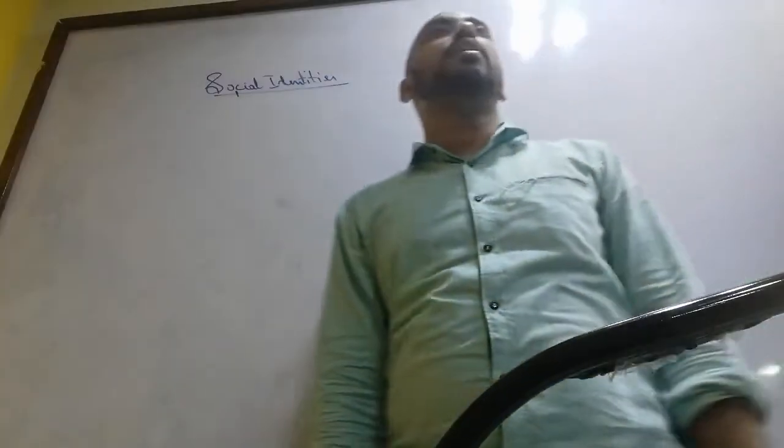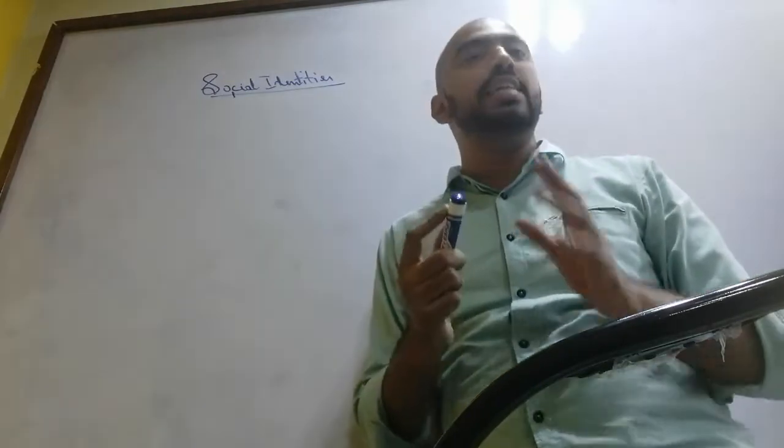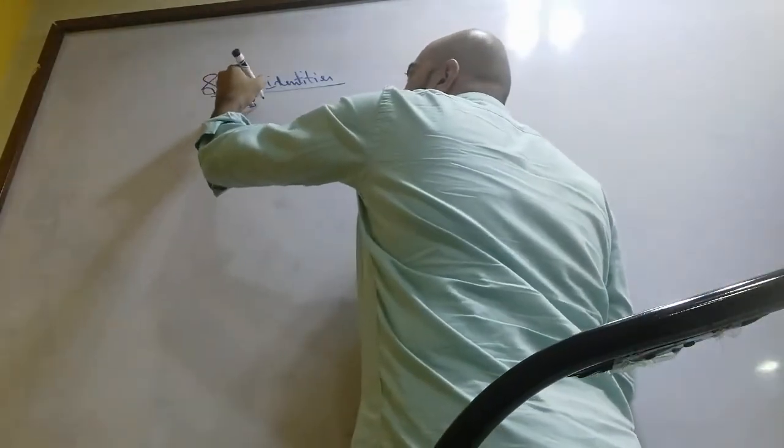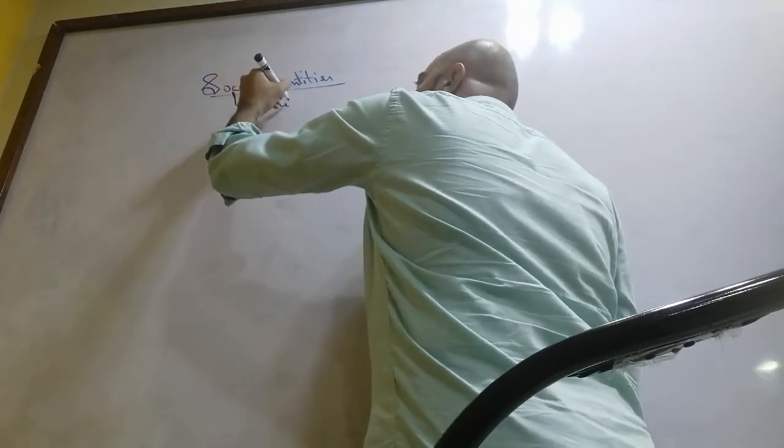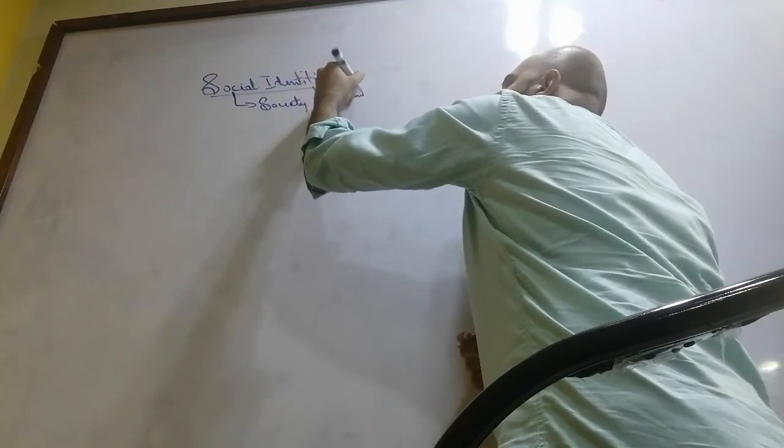So today we are going to talk about social identities. The first thing we are going to understand is all about social identities. Social identities means this term: social stands for society and identities stands for identification.